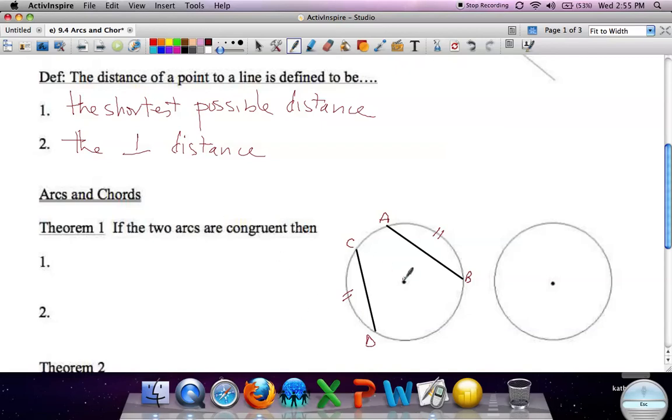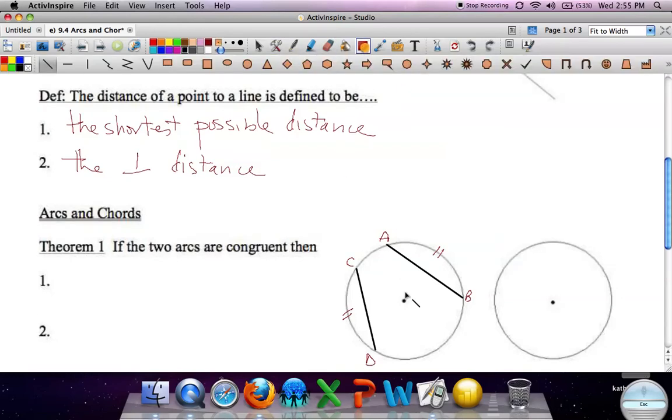Well, let's go ahead and draw in the distance between the point and the chord. And we know that that's the perpendicular distance. Let's draw in the distance between the point and the chord on this one.